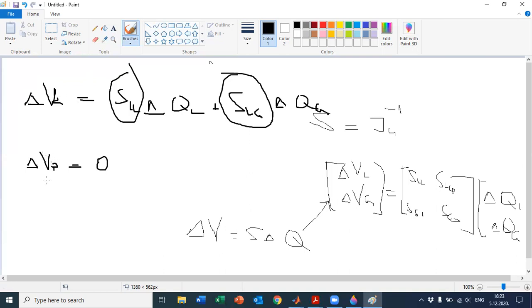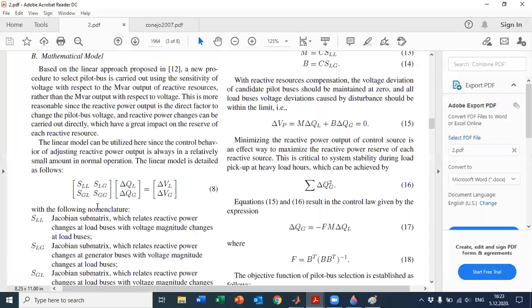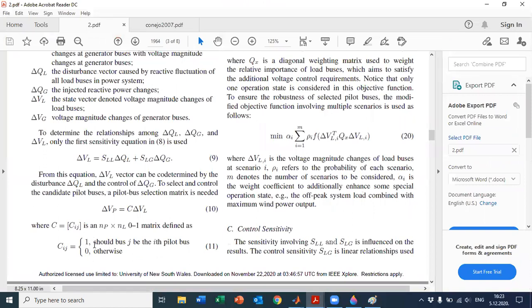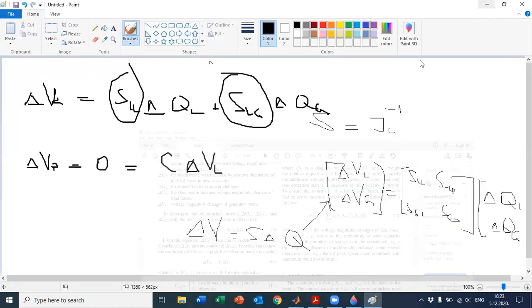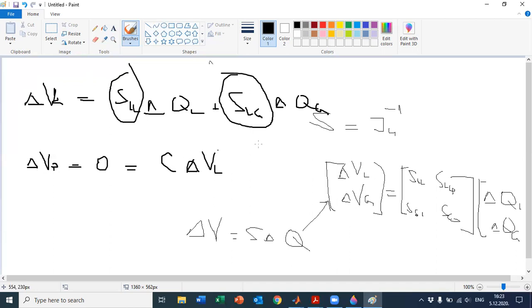Basically, the voltages of the pilot nodes can be expressed by multiplying the voltages of the load nodes, delta VL, with a matrix C. The matrix C is given here as a 0, 1 matrix, which says that if node j is considered the pilot node, then the value ij will be equal to 1, and otherwise it will be equal to 0.